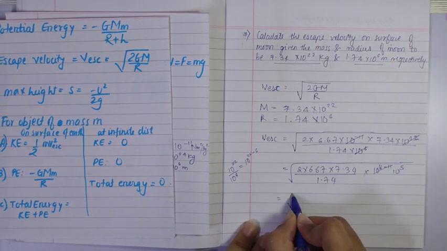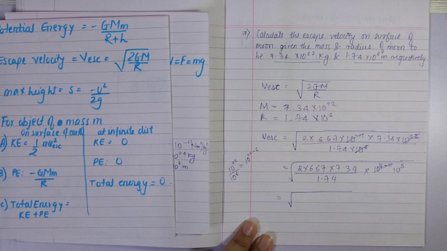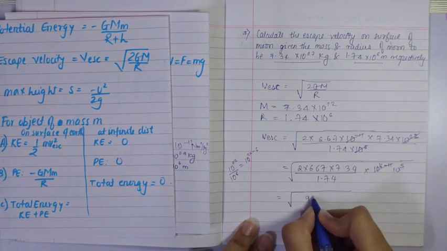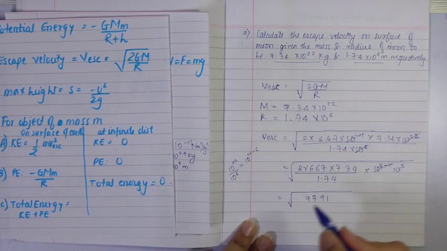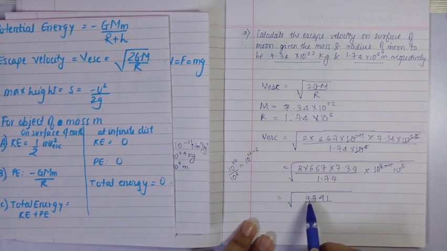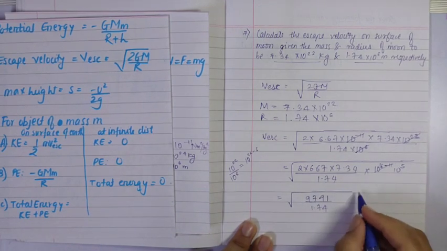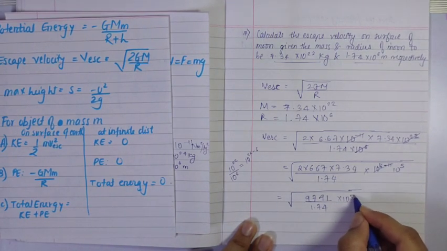Okay, so under the square root, when you calculate the numerator, it happens to be 97.91. Now for easy calculation purposes, you need to consider this 97.91 as 98, and this denominator remains the same, into 10 raised to 5.